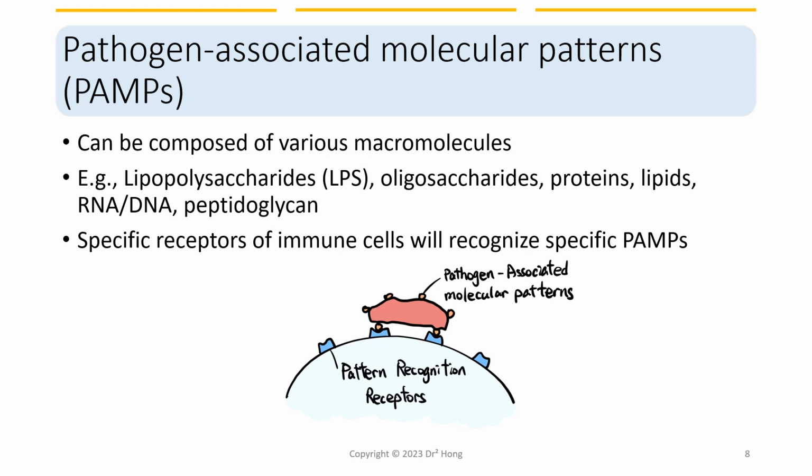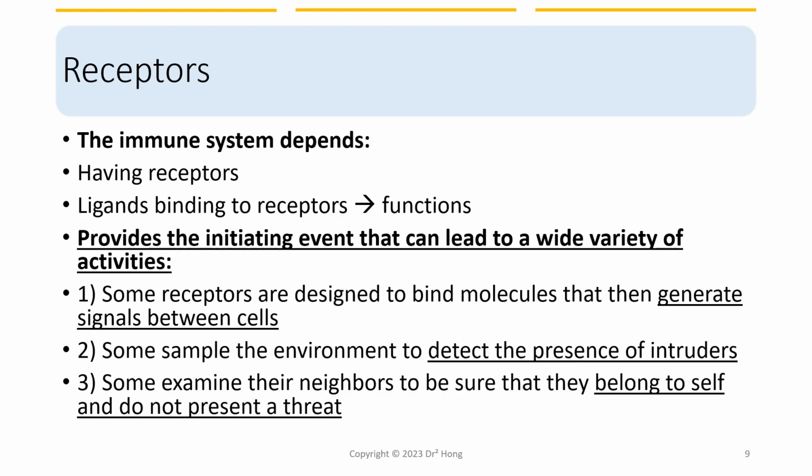When we talk about specific here, it's not like the specificity of the adaptive immune system. We're only talking about a category of specific receptors that can recognize a category of specific PAMPs, not a specific receptor that can only recognize one antigen. Notice the difference.